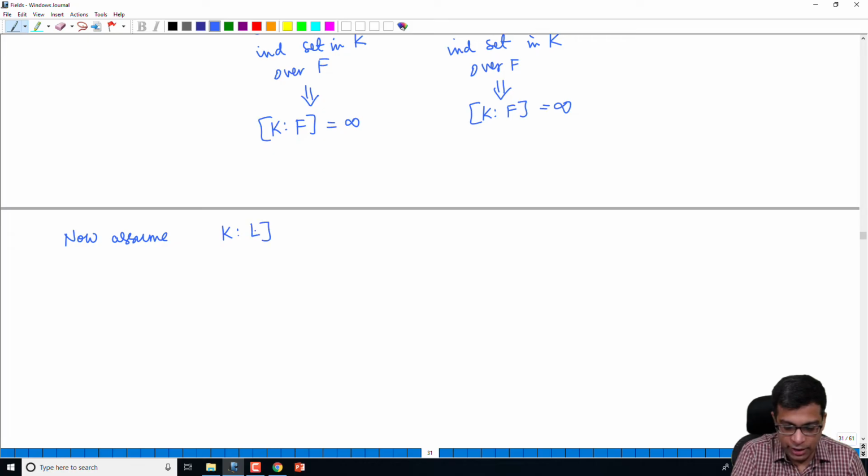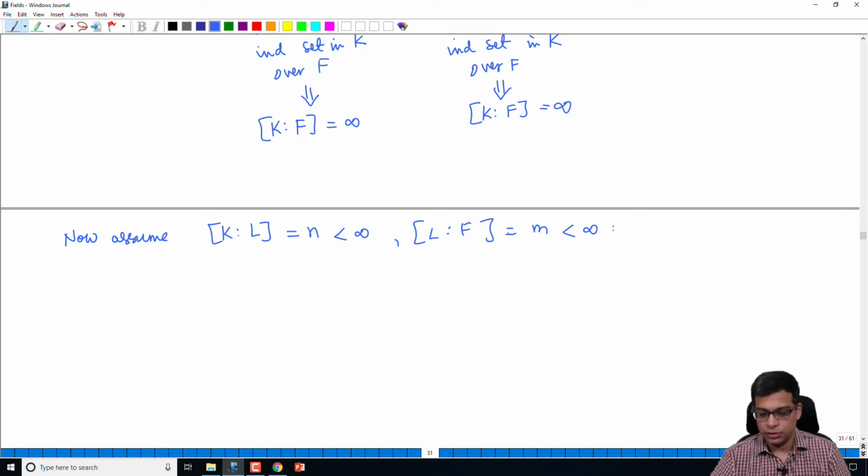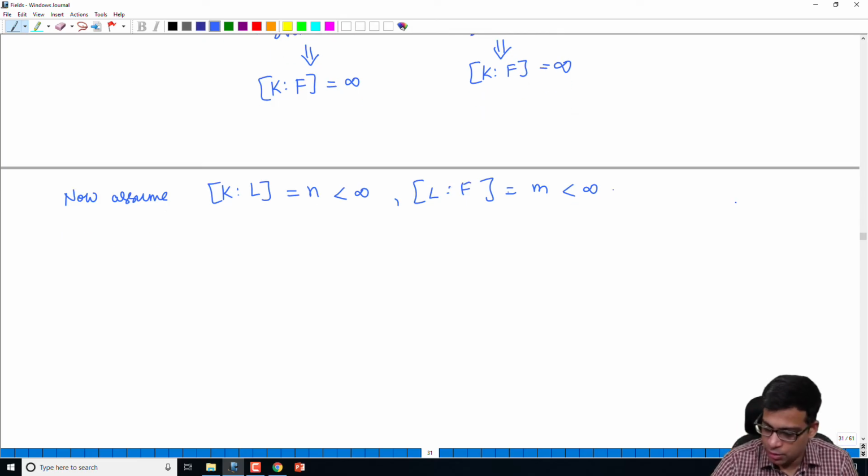Now assume that both K colon L and L colon F are finite, and let's call them N and M respectively. So you have K colon L is N, so you have K, L, F. Usually the degrees are denoted by just writing the number next to the vertical bar which represents the field extension.